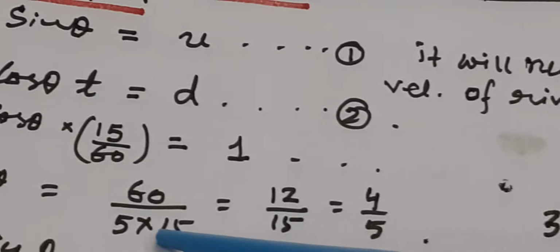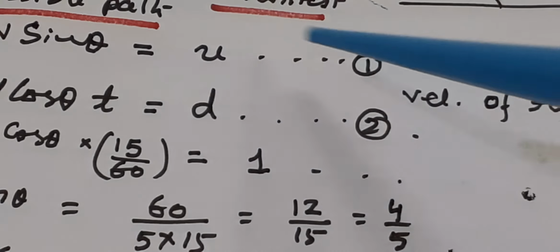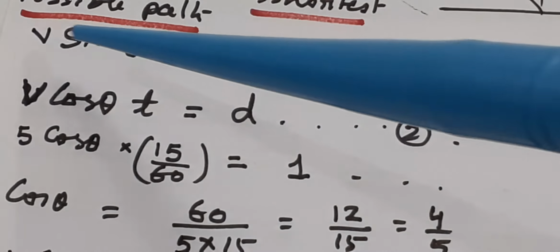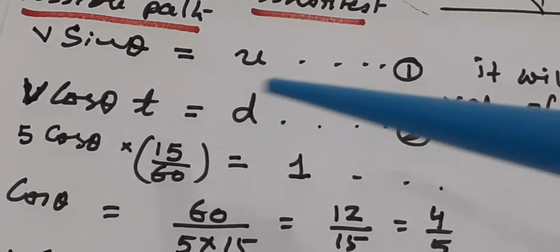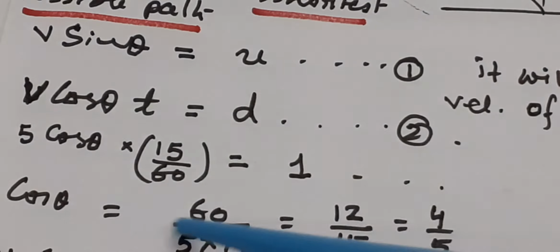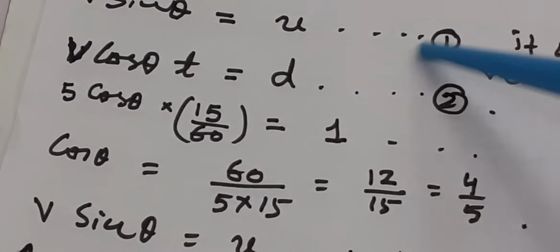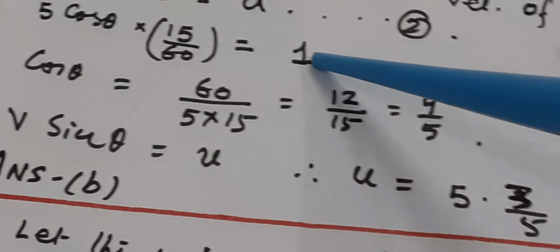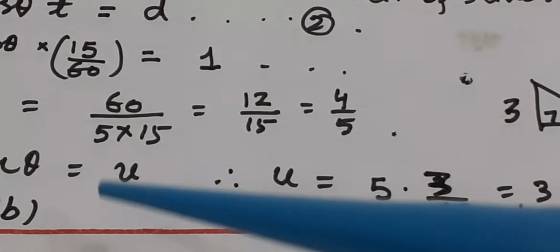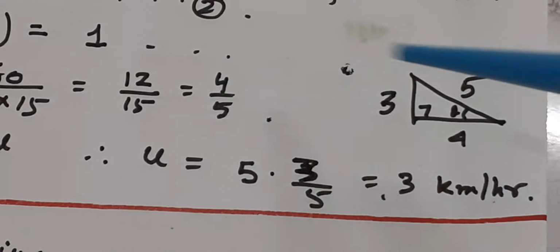Now equation 1 is here where u is present. We can find u from V sin theta. Sin theta is available now, that is 3 by 5, and V is already given as 5. So after putting all in, we get 5 into 3 by 5, which gives 3 km per hour.